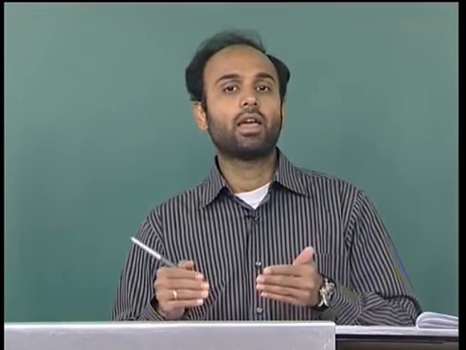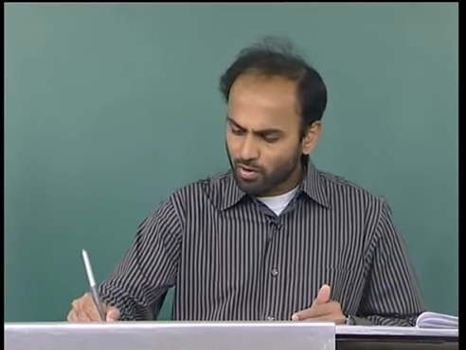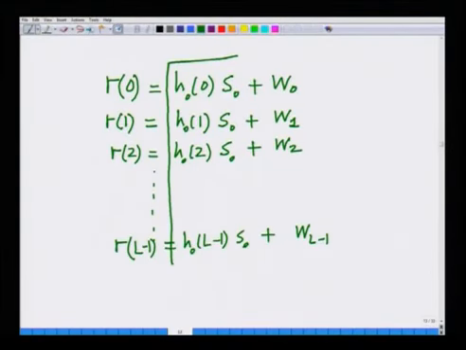So there are L components, corresponding to the L decorrelations, and we have seen this before. This is exactly similar to what we have seen in the case of rake receiver, except for these W's, which are now not simply noise, but noise plus interference.